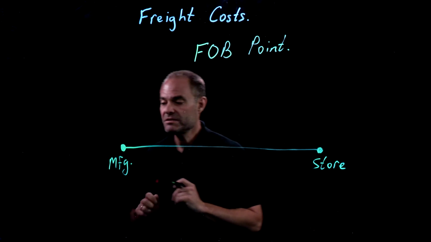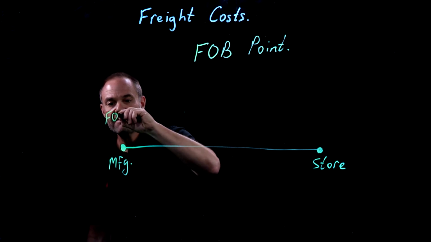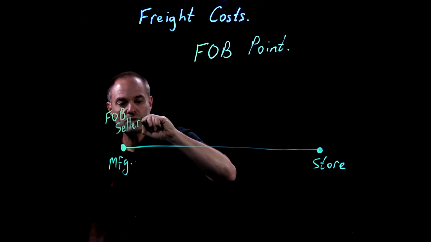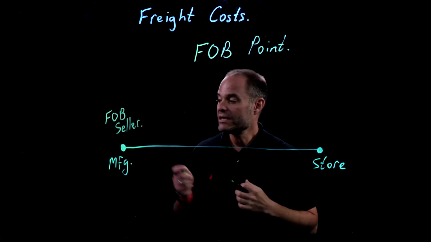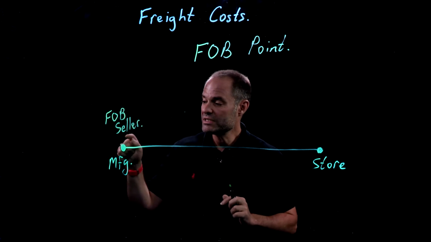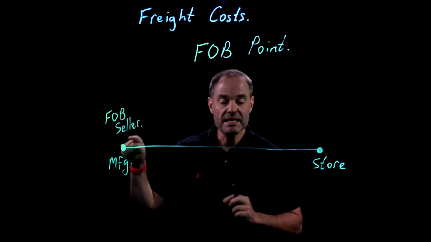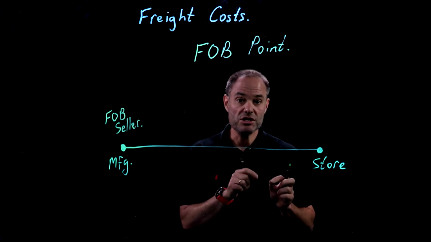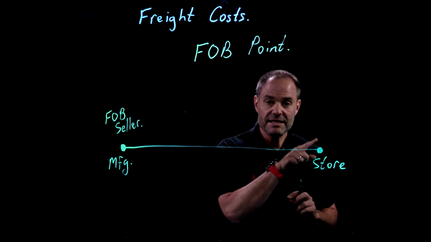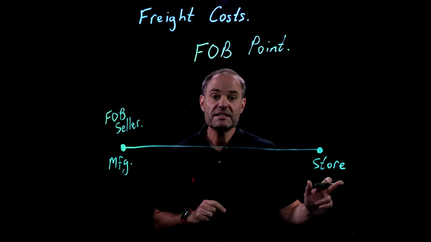If the change in ownership happens over here, then we say it's FOB seller. So the company that's selling it, as soon as it leaves their facility, and quite literally as soon as that product goes onto a truck at this facility, the ownership is deemed to have changed. That means that while it's in transit, if it's FOB seller, the store effectively owns it.